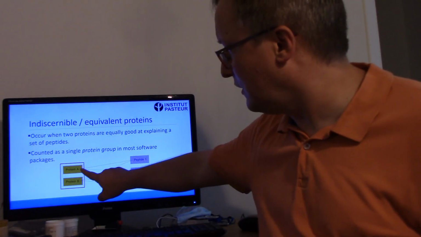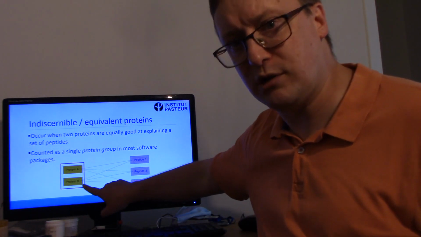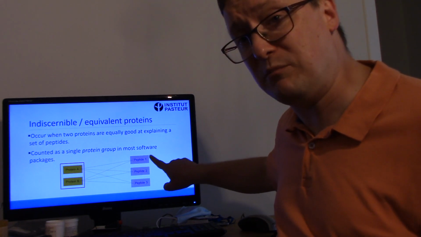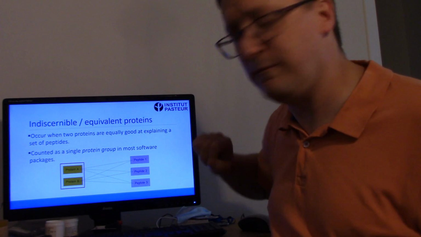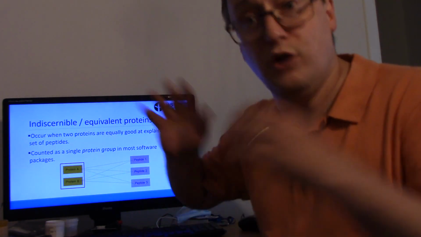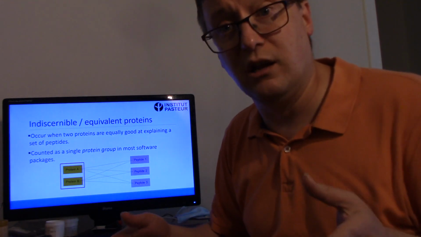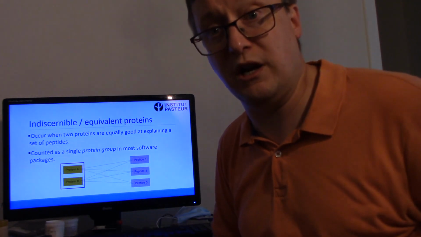Let us imagine that protein A and protein B could each be used to explain the presence of peptide 1, 2, or 3. Protein A could be why peptide 1, 2, and 3 are seen, or protein B could explain why peptide 1, 2, or 3 are present.